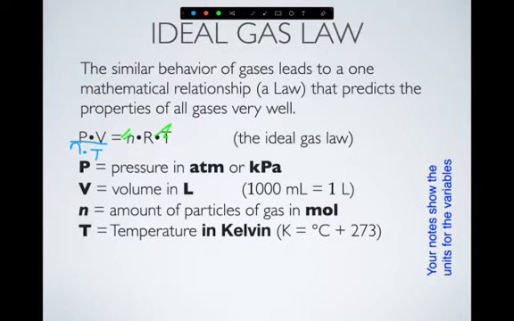Then what you're left with is R. So R is always the same. It's a ratio of P and V, product, over N and T. And that ratio will always equal R.